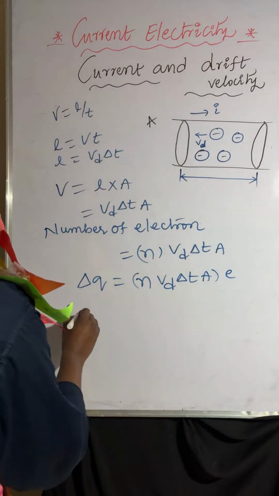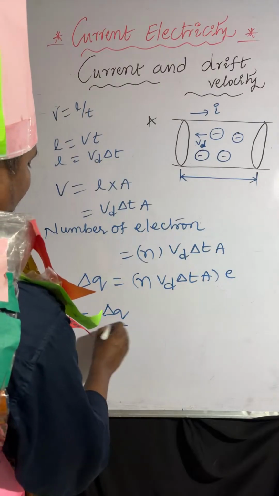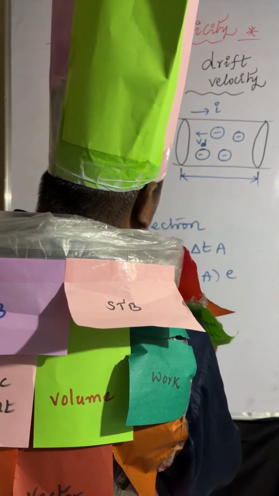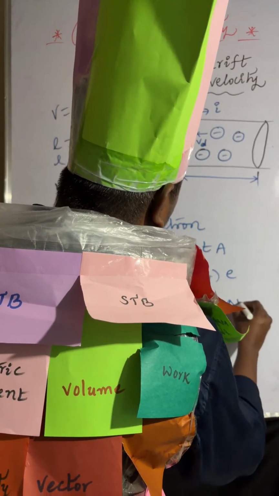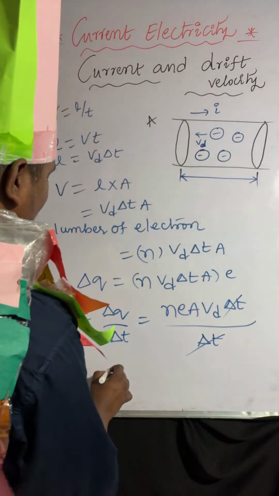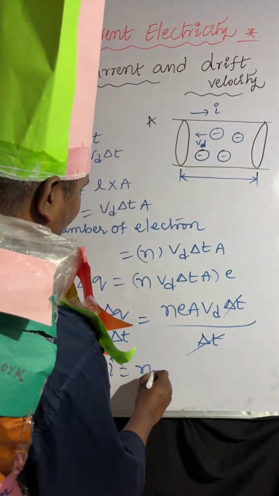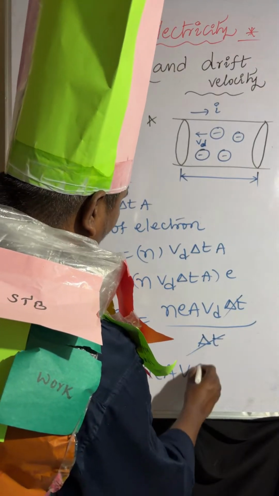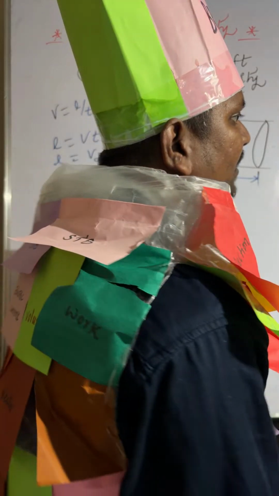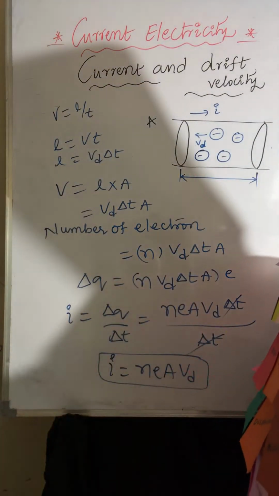So current I equal to delta Q by delta t, that is n e A Vd delta t by delta t. Delta t gets cancelled, so I equal to n e A Vd. This is the relation between current and drift velocity.